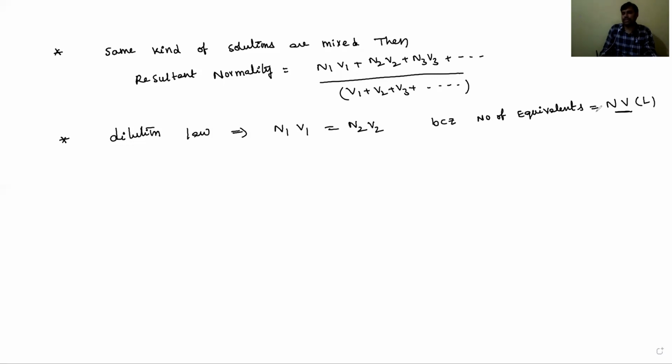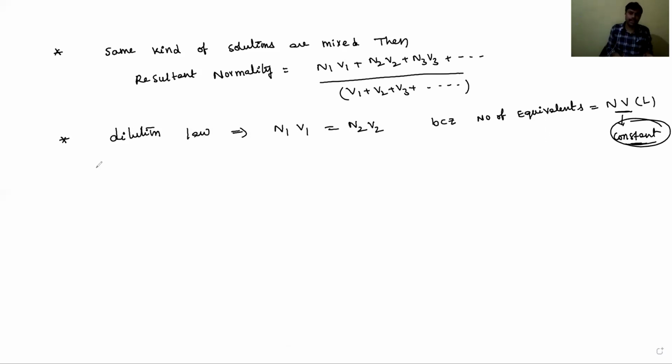That's why N into V is a constant. So the normality dilution law is N1V1 equals N2V2, where N1 and V1 are the initial normality and initial volume, and N2 and V2 are the final normality and final volume.